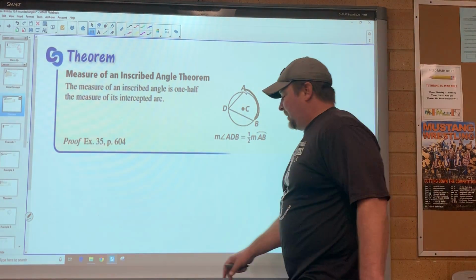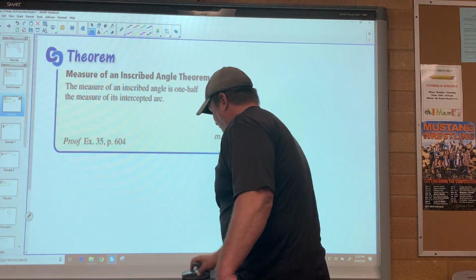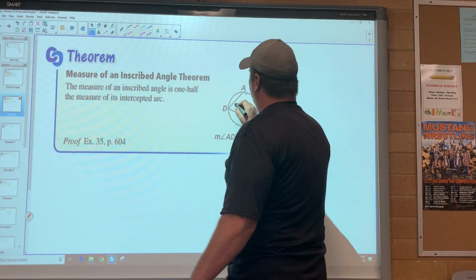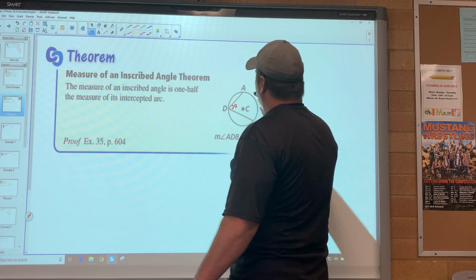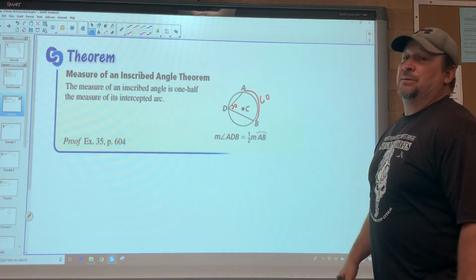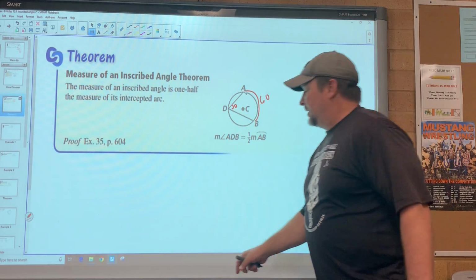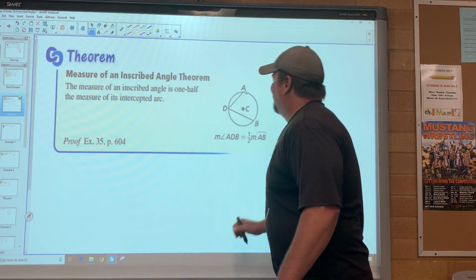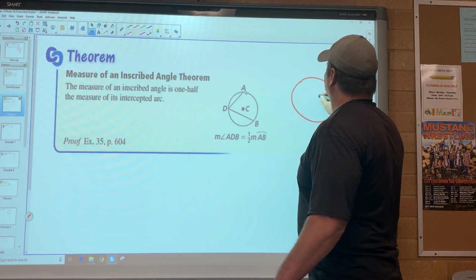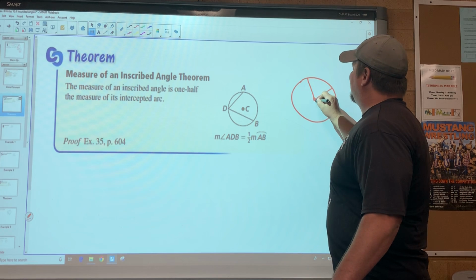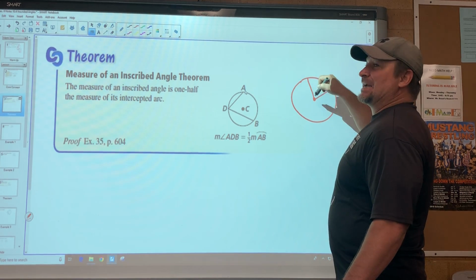So let me give you a heads up on it. Let's just review it real quick. If I knew that this angle was 30, then this arc right here would be 60. It's that simple. It doubles, okay? Now do not let that confuse you with this. If the angle is from the center, remember it's the exact same.